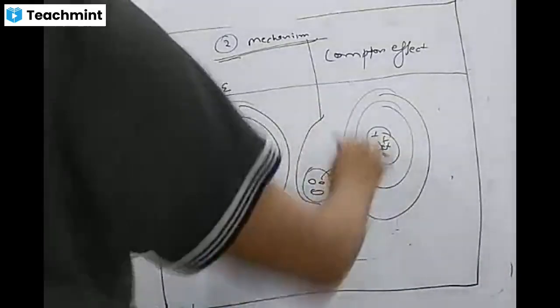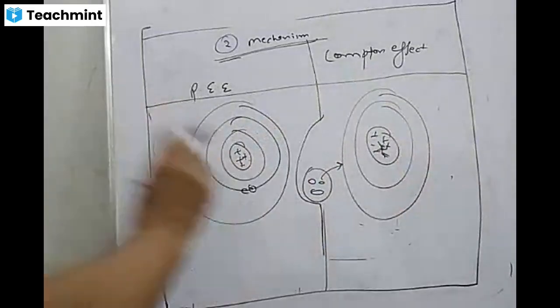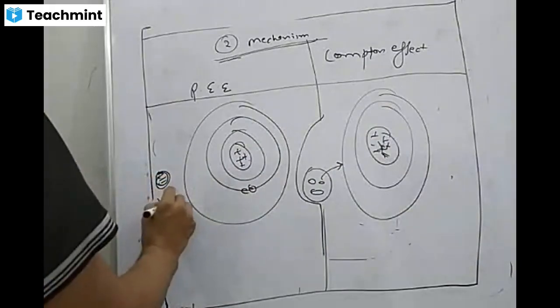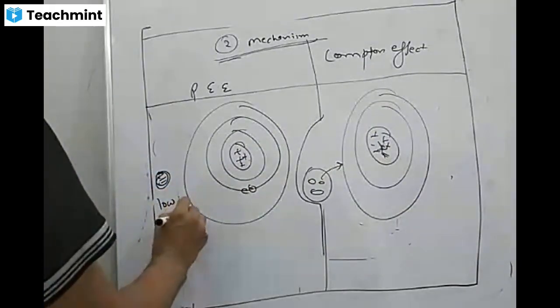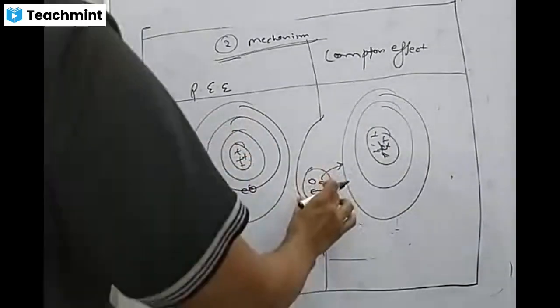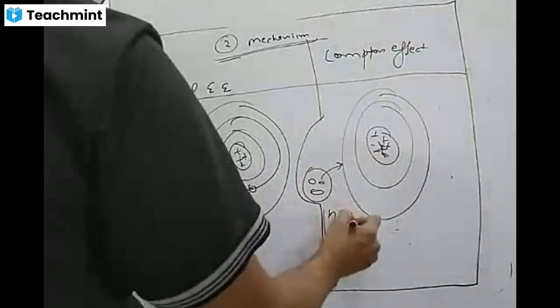It will interact with the animal body. In this case, this photon is of low energy. In this case, Compton effect, the photon is of high energy.